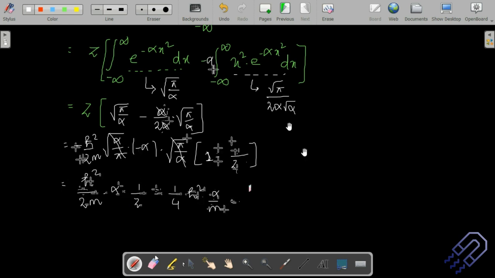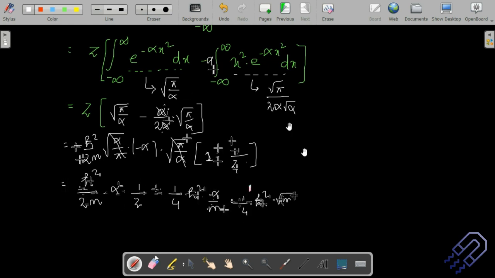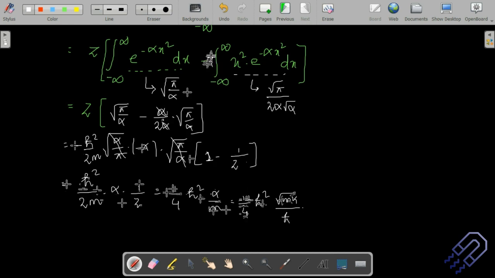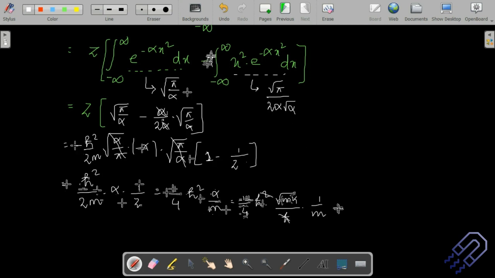So alpha, we know it is nothing but root of mk by h cross. So 1/4 h cross square into root of mk divided by h cross. That's my alpha into, there is an m here, we cannot mess up, 1 divided by m. So this and this will get cancelled.